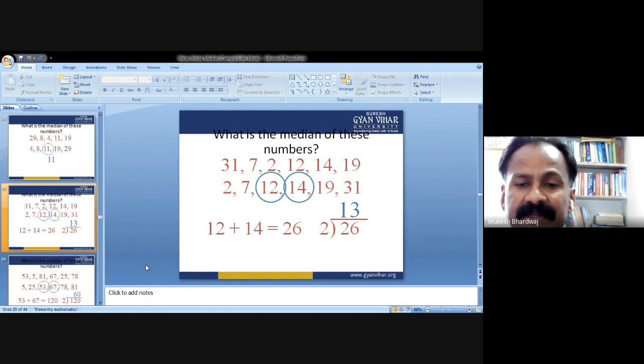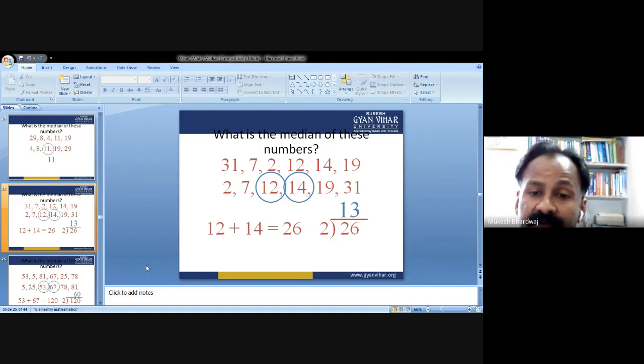So we add these two middle values to get 26, and divide by 2. 26 divided by 2 comes out to be 13. So 13 is the middle value or median. You notice that 13 is not available in this series, but you can say that this is the median only. For finding the median in even series data, the method is this only. Okay.